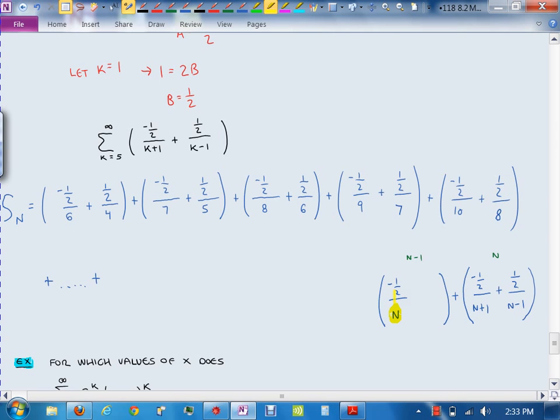Yes? No? I'm plugging in n minus 1 into that formula. N minus 1 plus 1 is n. So that's now an n. When I plug n minus 1 into this formula right here, I go n minus 1, which gives me n minus 2.